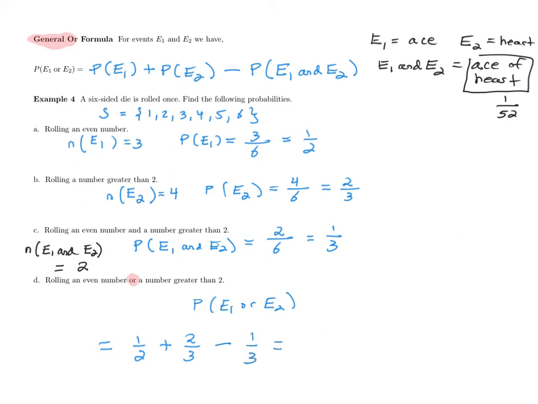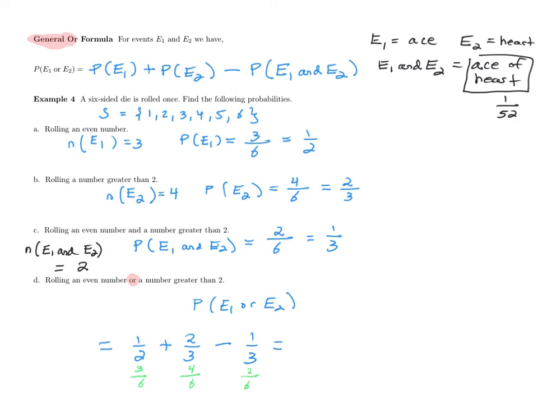If we can simplify this down to a single number, we'll have our answer. I'm going to use a common denominator of 6. If I look at these fractions, you can think of them all as something over 6. A half is 3 over 6. 2/3, if we multiply by 2 in the top and bottom, we get 4 over 6. And if we double the 3 and the 1, we get 2 over 6.